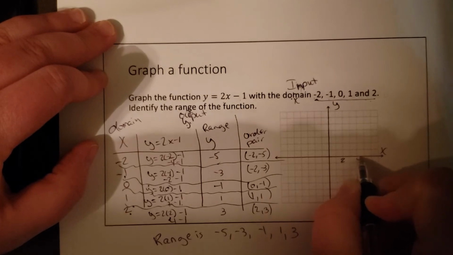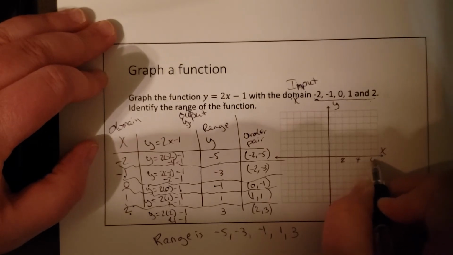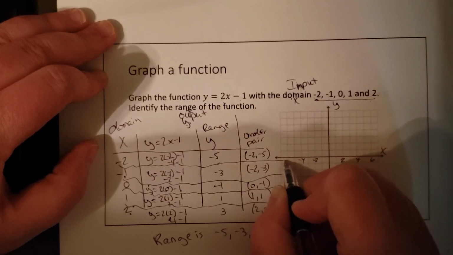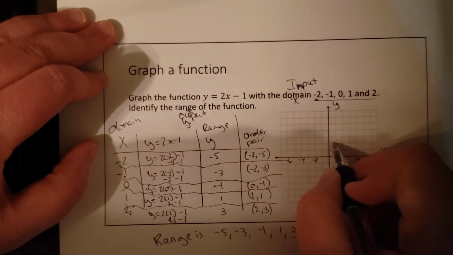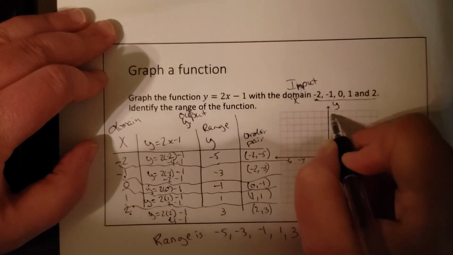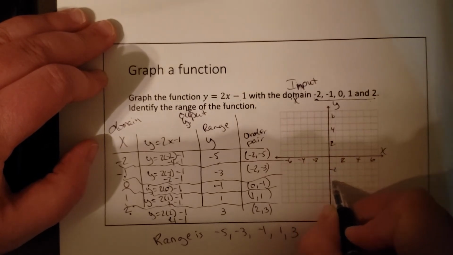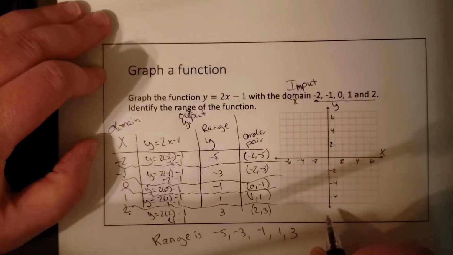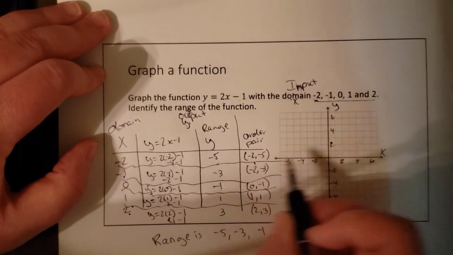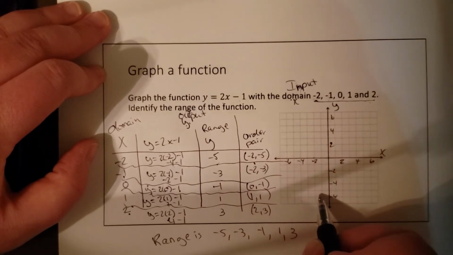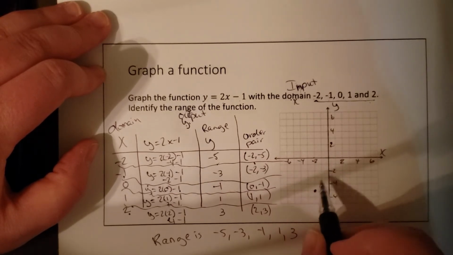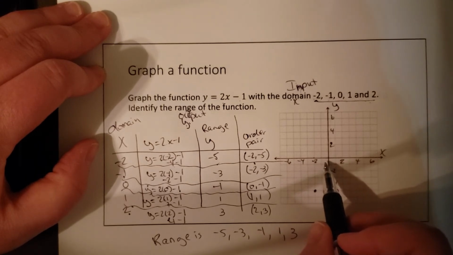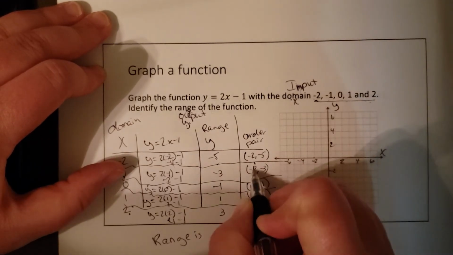So 2, 4, 6, -2, -4, -6, and then plot your points. -2, -5, oops, this is -1, isn't it?